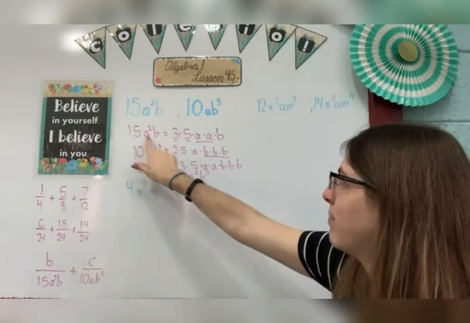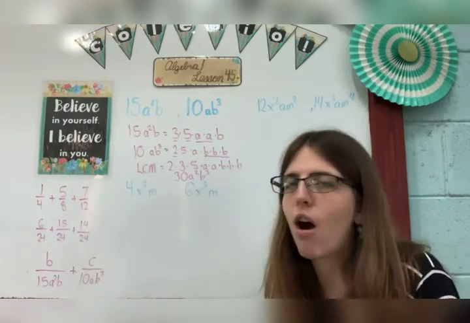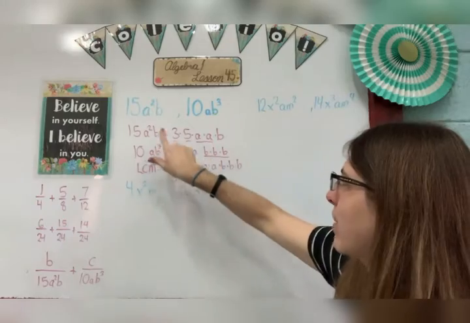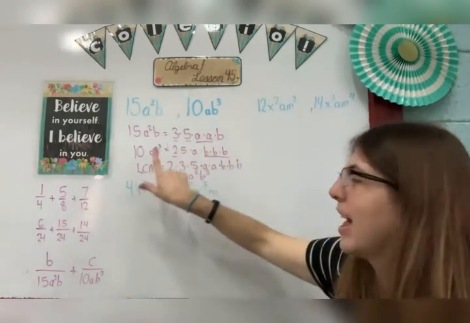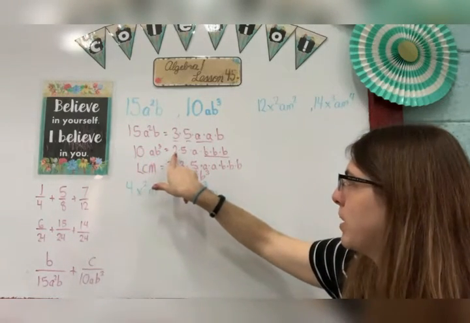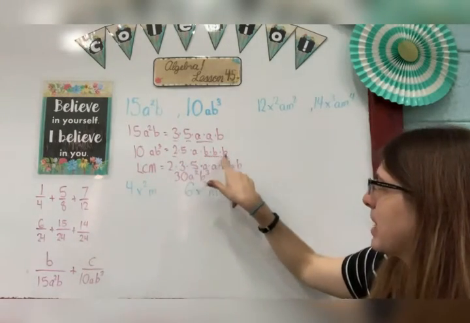We consider the letters to be a prime factor, basically, since we don't actually know what they are. So for 15, its prime factors are 3 and 5, a squared, so a, a, and b. Then for 10, its prime factors are 2 and 5, 1 a, and 3 b's: b, b, b.